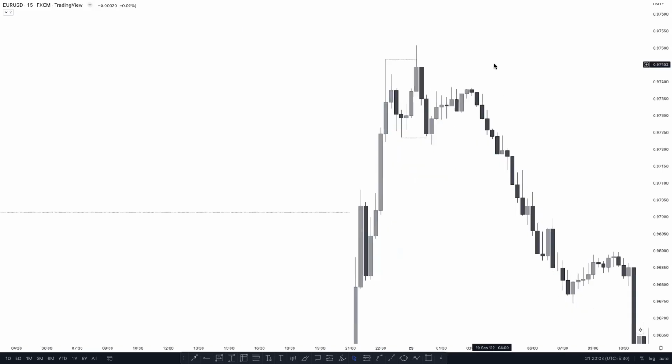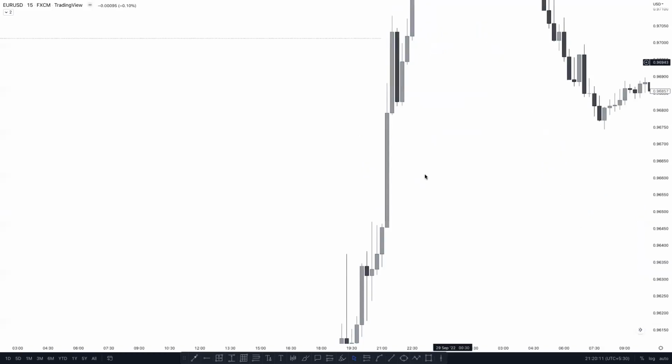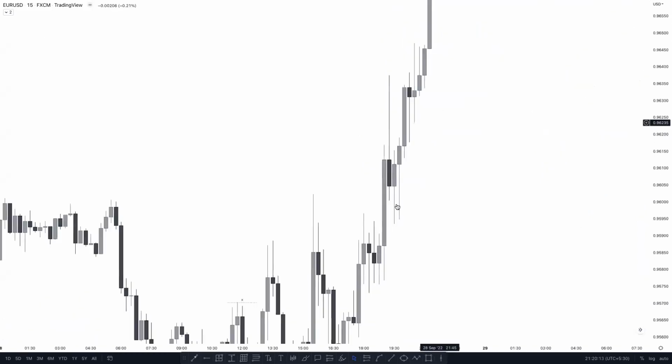Okay. And if you want to mark the major inducement in this leg, where is our major inducement? Look at this. This is a single leg. Market continued going higher, higher, right? So at this point, the market broke the previous candle low, which is here. So this low acts like a major inducement.